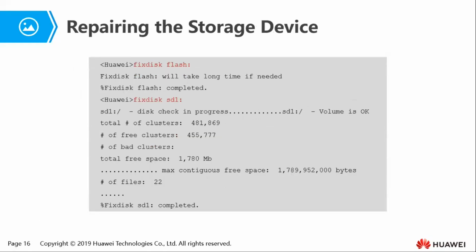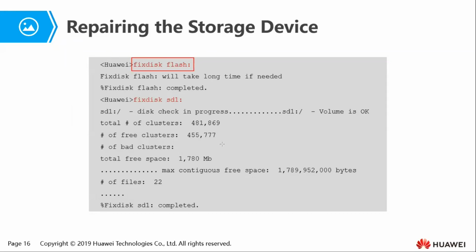So then we have the fix disk command. Whenever your storage device is using a file system that your operating system is failing to understand, you can always use the fix disk command to sort out such errors.